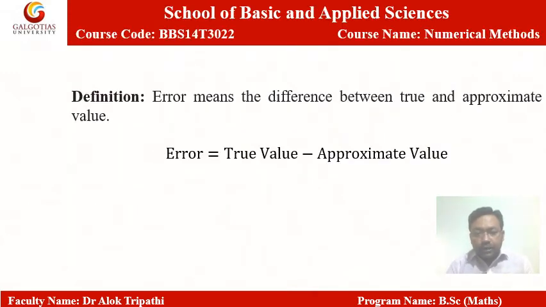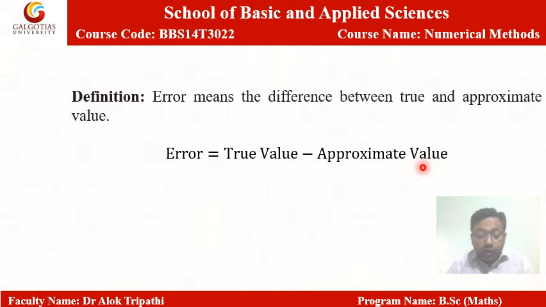Now see the definition of error. What is error? Error means the difference between true and approximate value. So error equals true value minus approximate value. I was telling you in the previous slide, suppose we have the number 10 by 3.